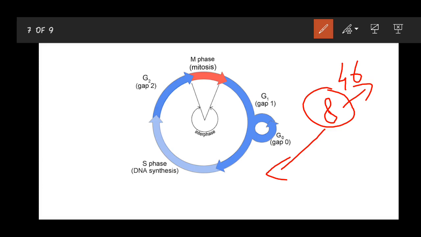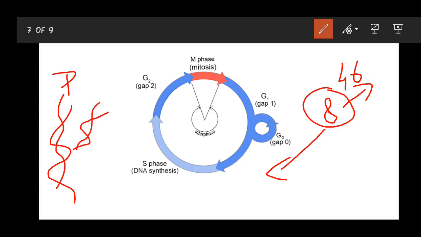In the S phase, the event that happens is DNA replication. We have a double helical DNA, and this double helical DNA will replicate. It will produce a daughter DNA, which will be an exact copy of the parent, like a clone.